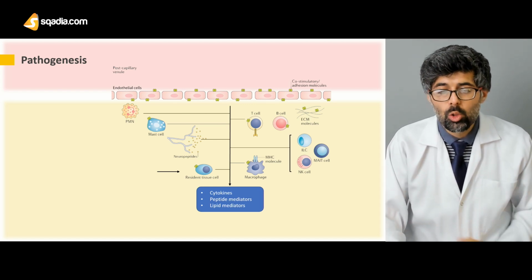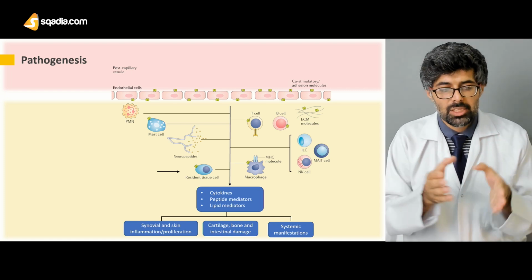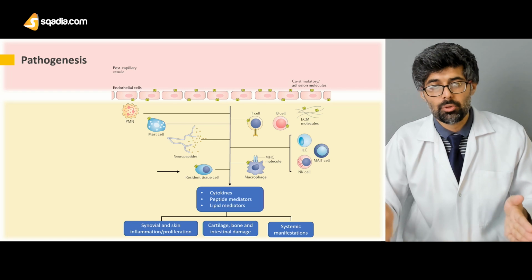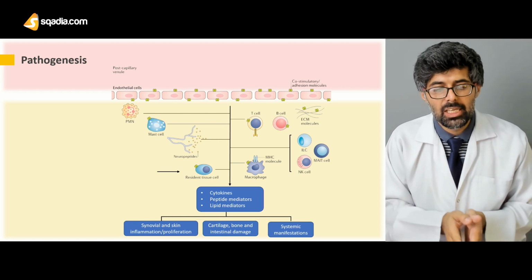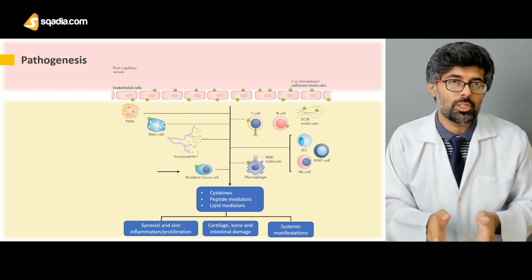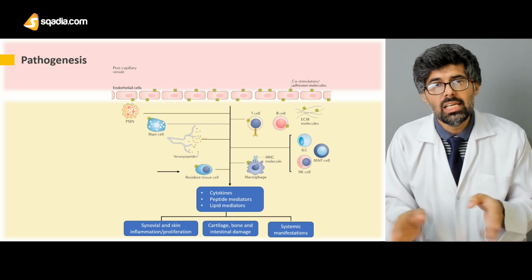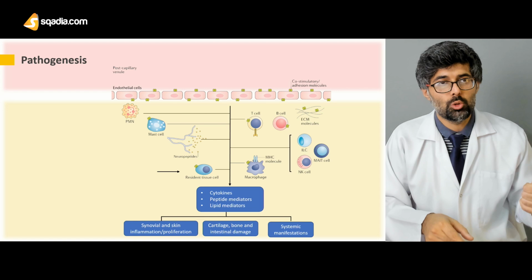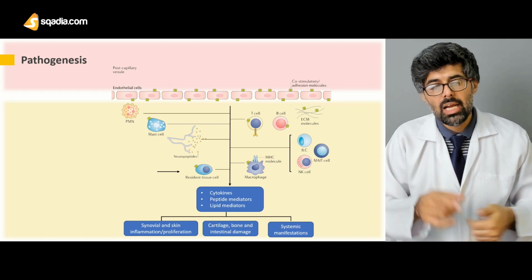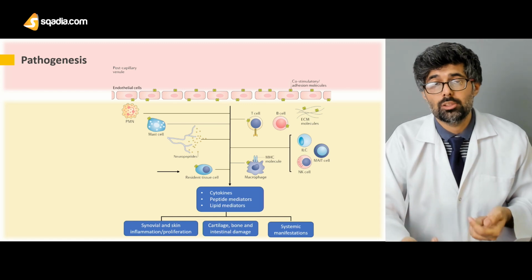Now, because of all of these, we have certain changes, and these changes happen in a progressive manner. The first one is synovial and skin inflammation and proliferation, that is, both the synovium, the synovial cavity, and the skin. The synovium is of the joint that is being inflamed, and skin is the area that is undergoing psoriasis.